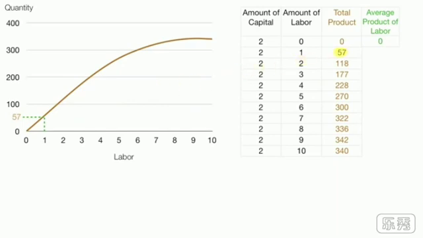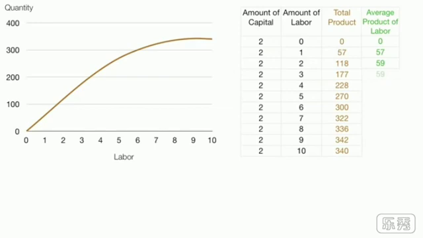Then I take 57 divided by 1, and this is equal to 57, which is the average product of labor. Let me do another example. Imagine I have 2 labor units, and my quantity or my total product would be 118. I divide that by 2, and my average product of labor is 59.